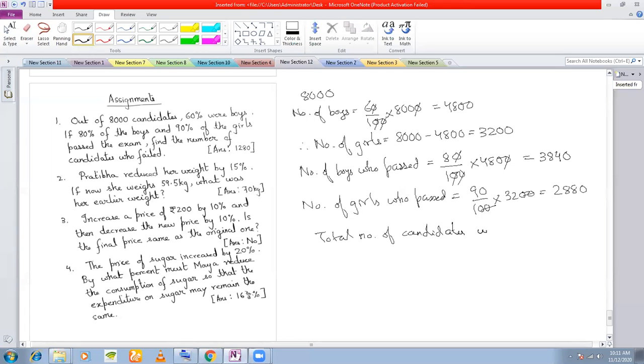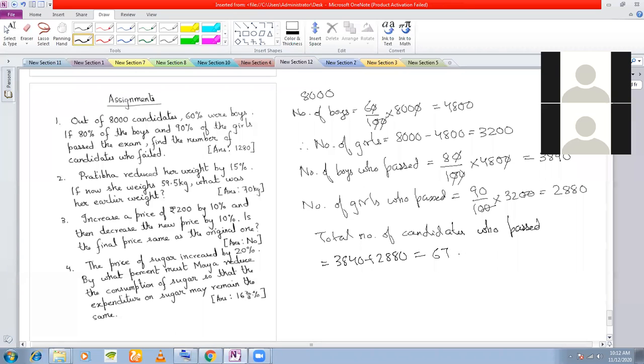Total number of candidates who passed is equal to 3,840 plus 2,880. So this much passed, 6,720.